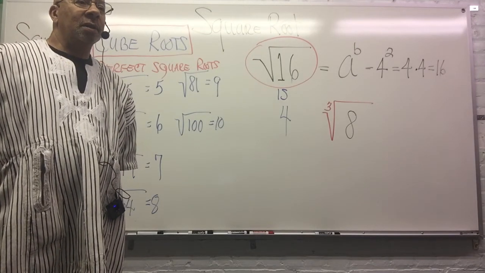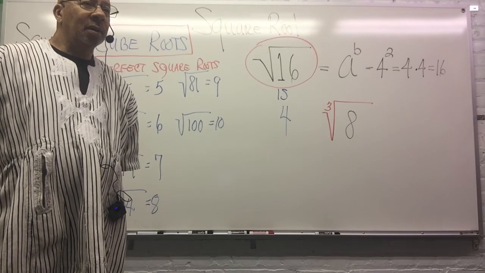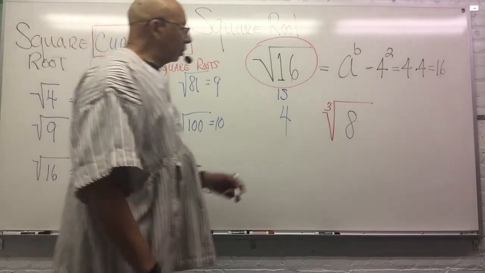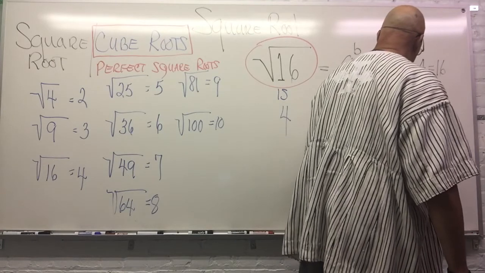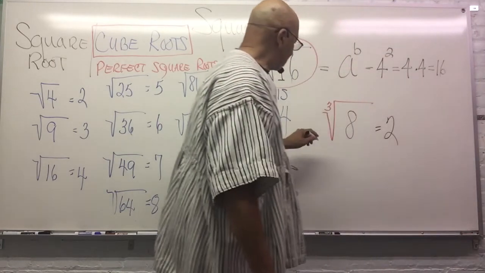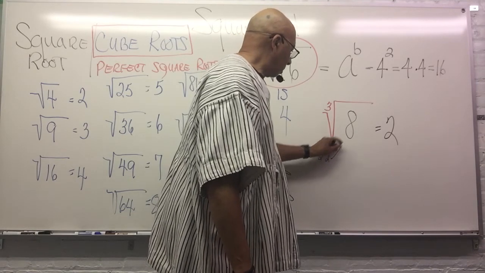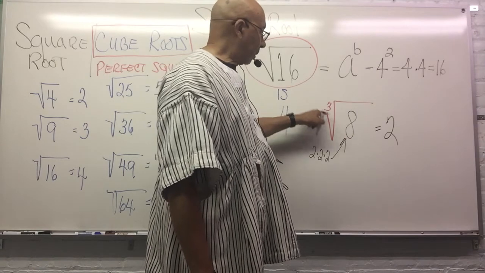That's pretty easy because 2 times 2 is 4, times 2 again is 8. So the cube root of 8 is 2 because 2 times 2 times 2 makes 8. So I need 3 factors that will make 8.